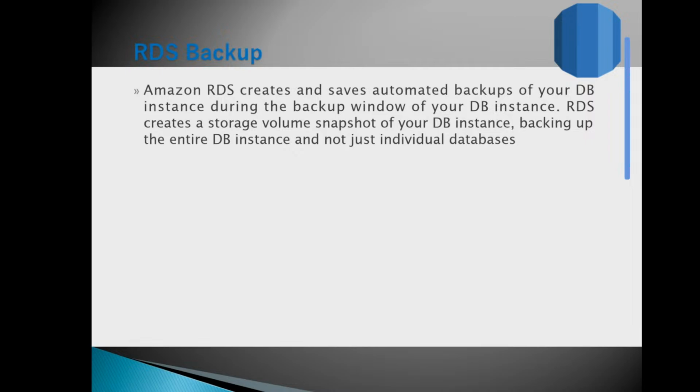Inside the database there are multiple databases or schemas created, right? There can be a sales database, there can be an HR database, there can be an accounting database. So inside your single instance there can be multiple databases available.